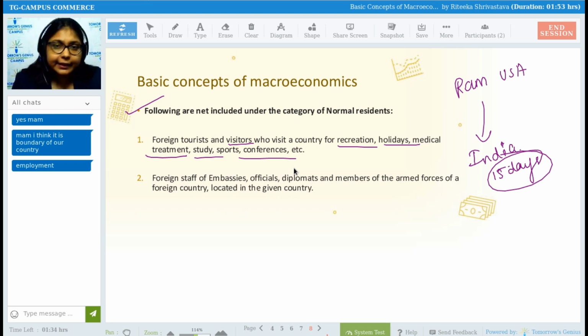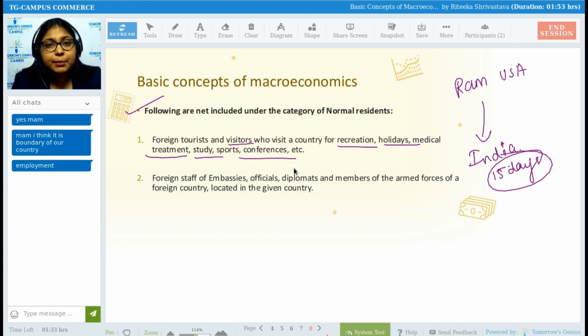No, it's not like that. For 15 days, 10 days, 1 month, 2 months, if anybody is doing financial transactions in your country, then he will not be called a normal resident. If he is living there and his daily economic activities are there in the country for a longer period of time, only then he will be called a normal resident.